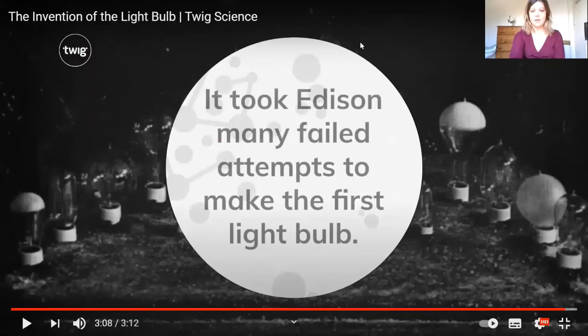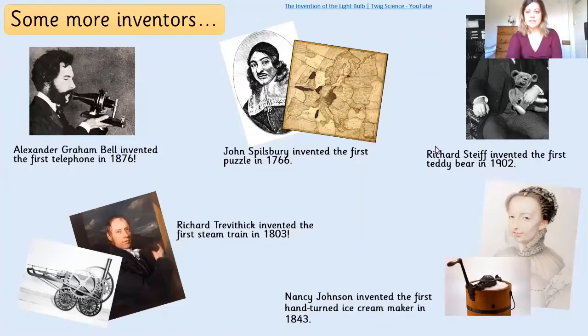Okay, so lots to think about there. So that was Thomas Edison, and he invented the first ever light bulb, but it did take him a long time to do it. And eventually he discovered that by using bamboo, his light bulbs wouldn't burn out as quickly.